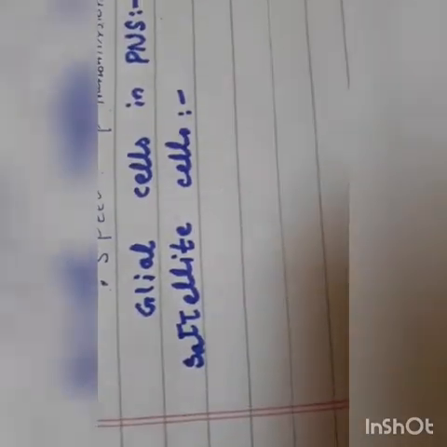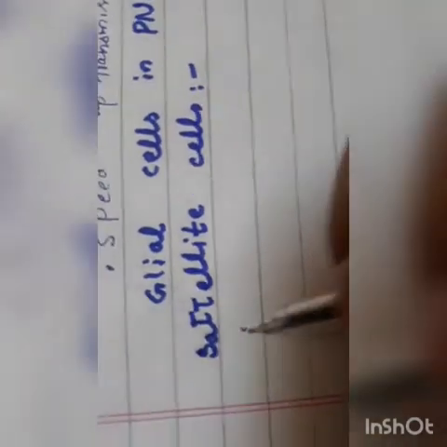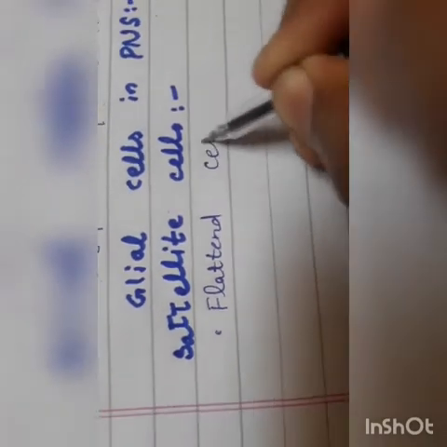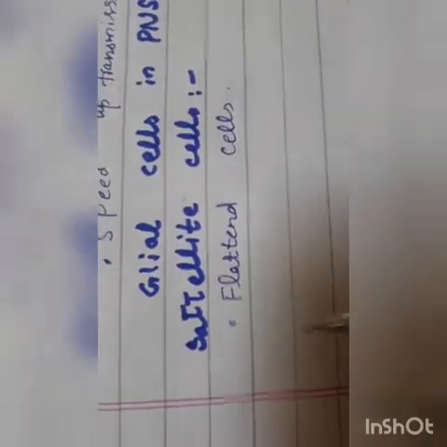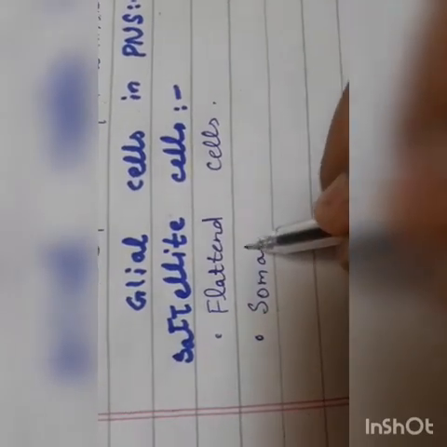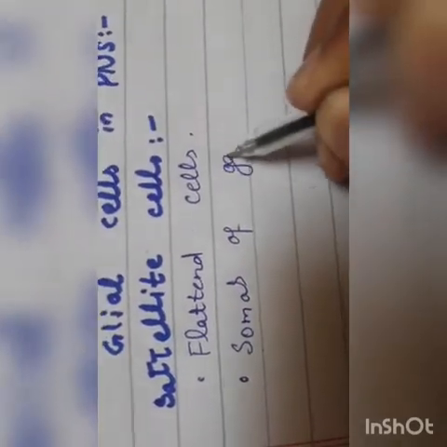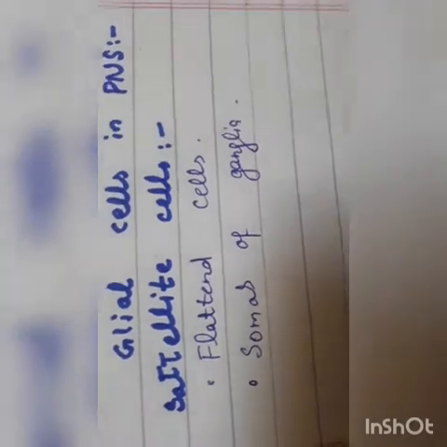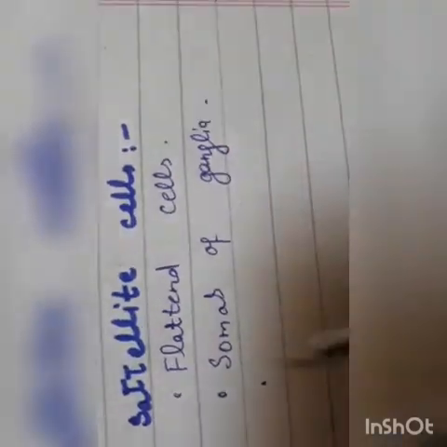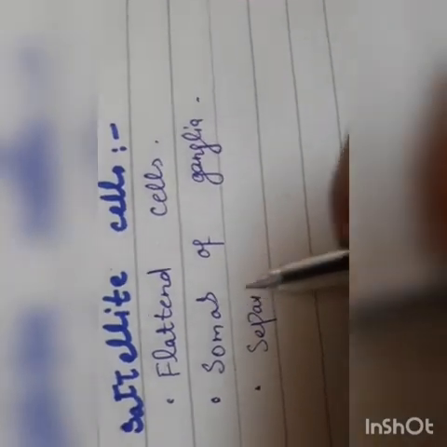Satellite cells are flattened cells that cover the somas, meaning the cell bodies, of ganglia, and separate them from the surrounding tissues and fluid. Satellite cells also act as a separator between surrounding tissues and fluid.